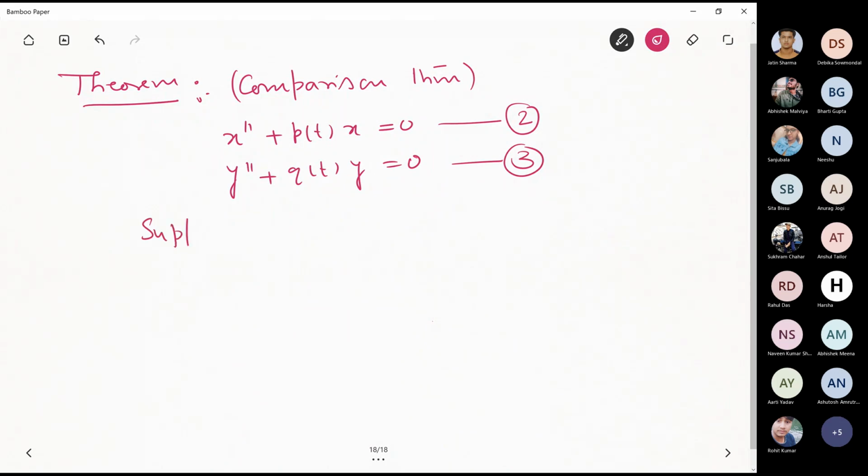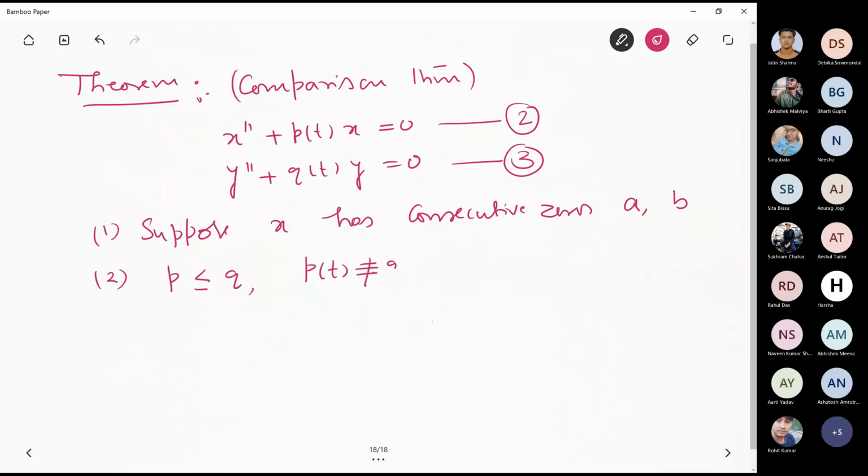Suppose p is less than or equal to q, but they are not identically equal.